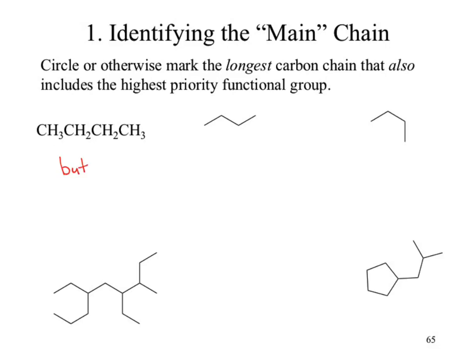What is the hybridization of every single one of those carbons? SP3. So I like to think of this as a hybridization addition. That hybridization means I need the AN. So it's butan. Are there any other functional groups? No, which means the alkane is my highest priority functional group. Butane.